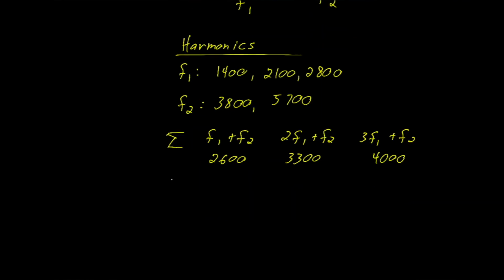And then there's the differences. So an F1 minus an F2 at negative 1200, a 2F1 minus F2 at negative 500, and a 3F1 minus an F2 at 200.